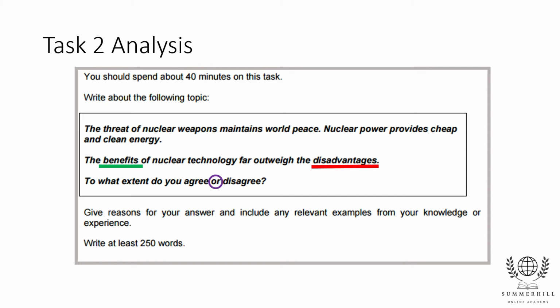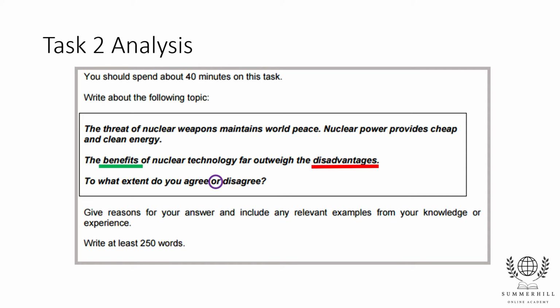For example, IELTS once asked, what do you think is more important for success, friends or family? Now, when we think logically about that kind of question, we know that success depends on both friends and family. And maybe you would think in some cases friends are more important for success. Sometimes family is more important.